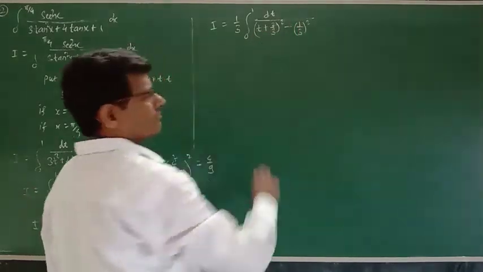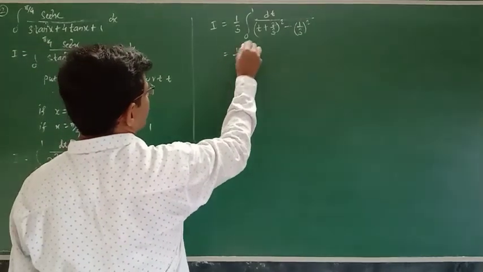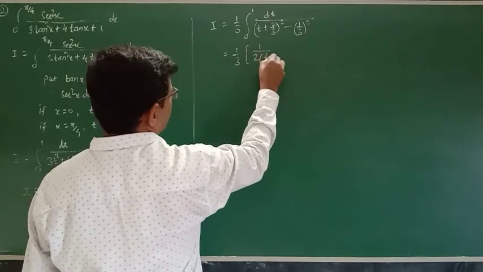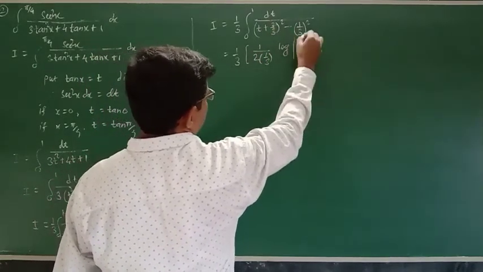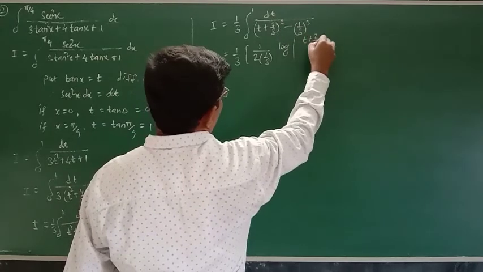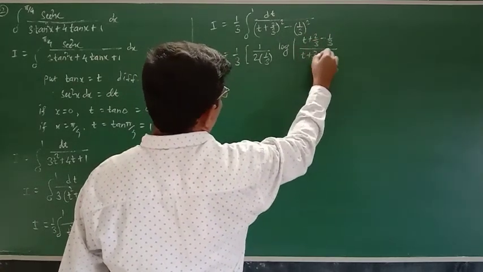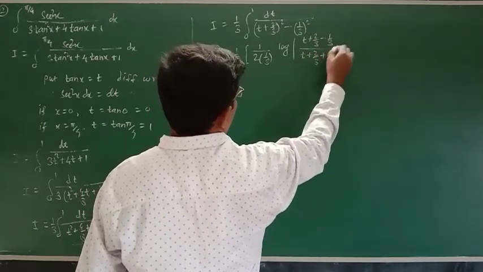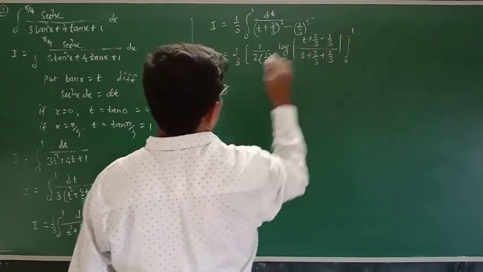So use the formula for 1 upon x square minus a square. Its integration is 1 upon 2a, which is 1 by 3, log of modulus x minus a upon x plus a, that is t plus 2 by 3 minus 1 by 3 upon t plus 2 by 3 plus 1 by 3, with limits from 0 to 1.